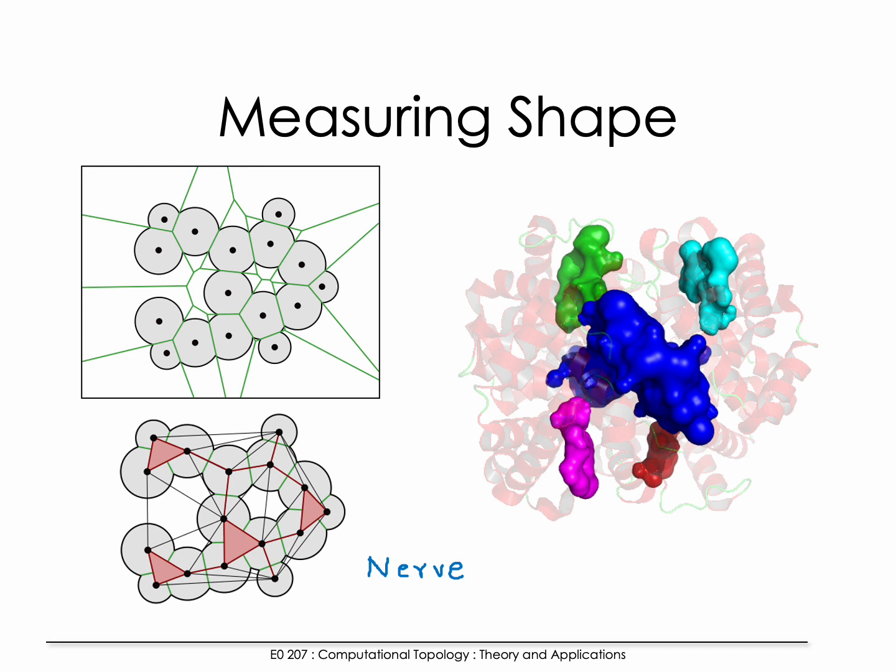So the nerve, you can think of it as a graph, but since it has higher dimensional simplices, it is actually a simplicial complex. Now, this nerve is what we are going to use to study the shape of the union of disks. One can show that under appropriate definitions, the topology of the simplicial complex, which is the nerve, is equal to the topology of the union of disks.